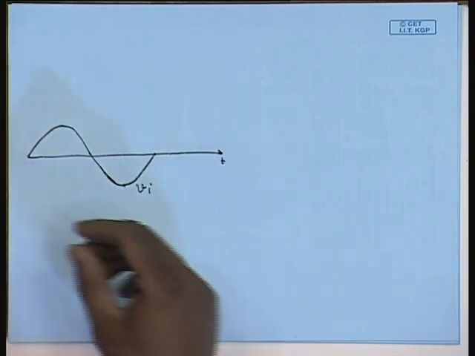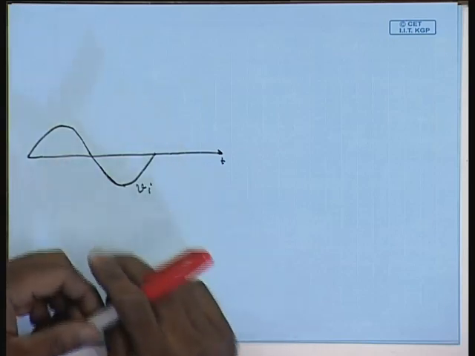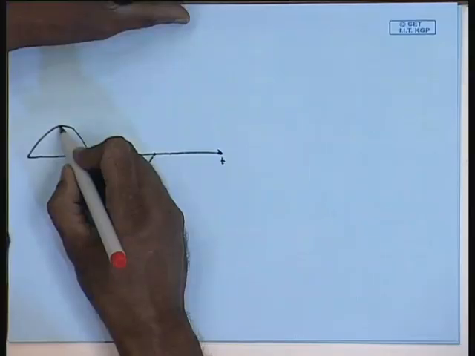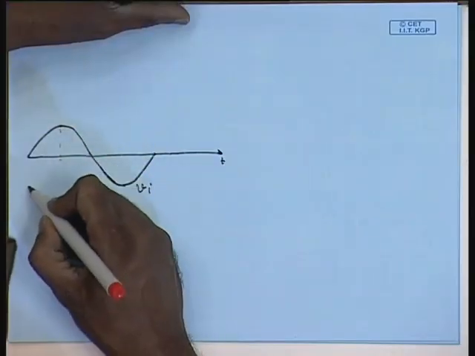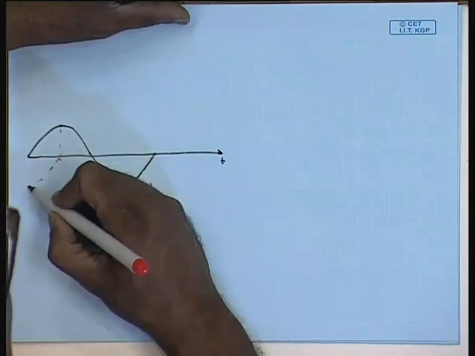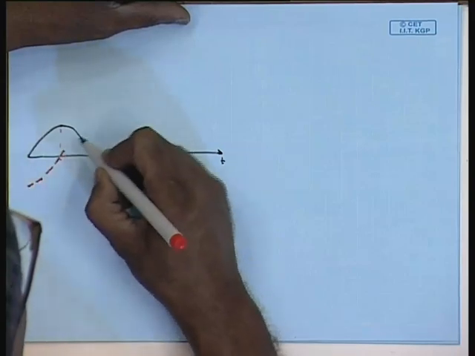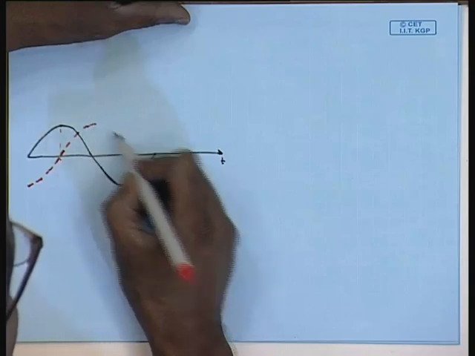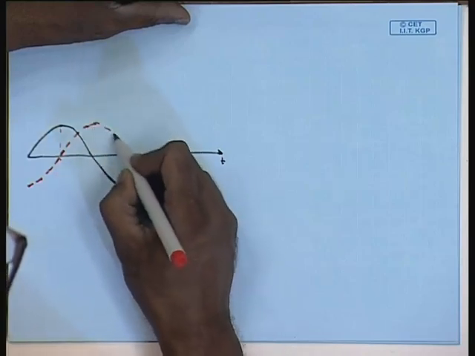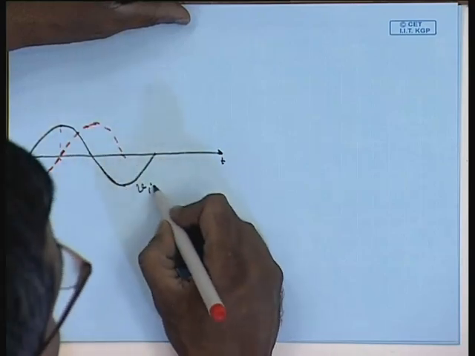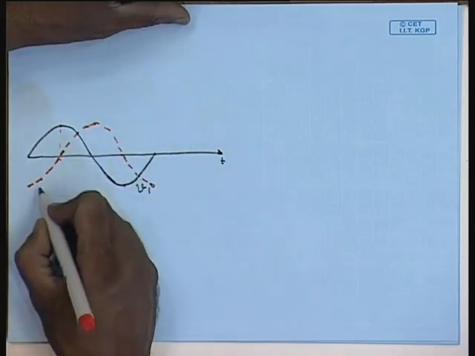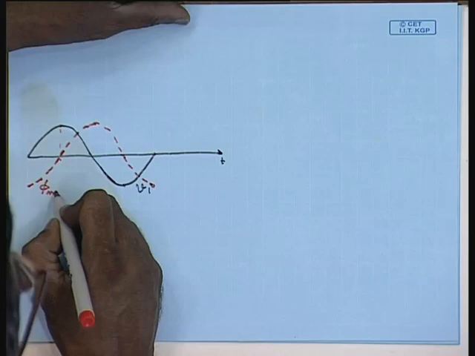and the flux waveform, which will lag the voltage by 90 degrees, will be somewhat like this, the core flux.